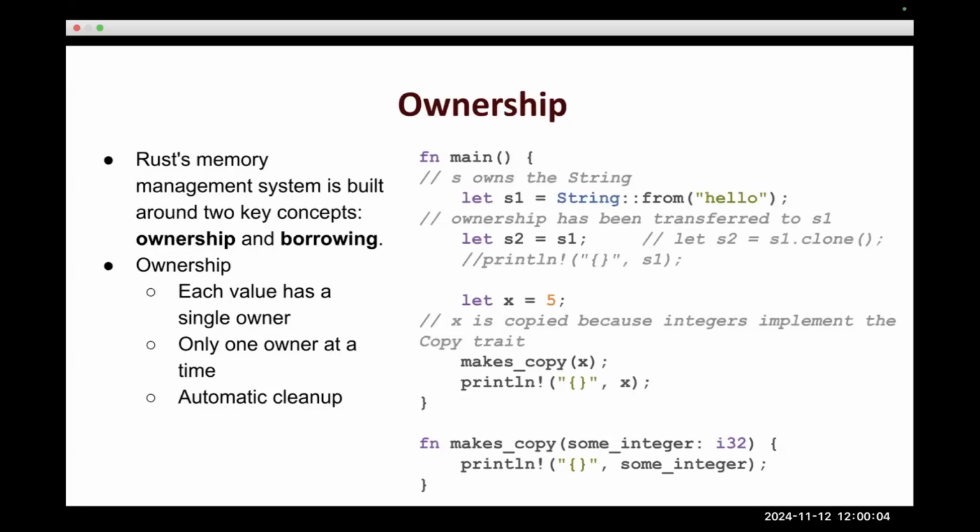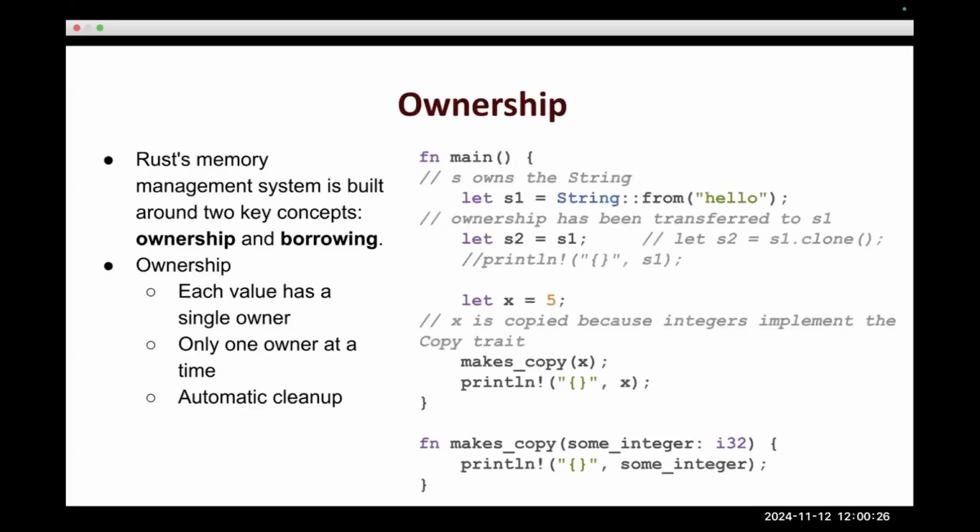I'm sorry, this should be s1 owns a string here, not s. So s1 owns a string here, which defines a string. This string is defined from this literal hello. It's converted into a String type. So that's why we use the from function. So this s1 is defined as a String.